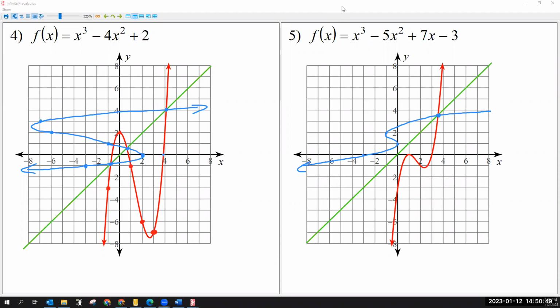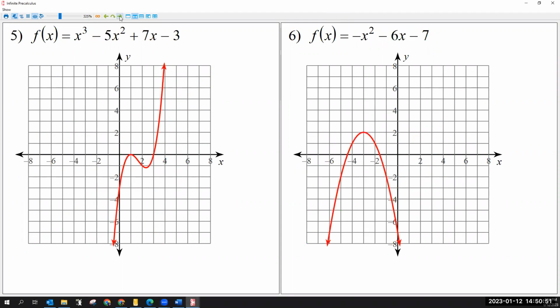All right, one last graph. It's a parabola, so it should be a little easier. We got this point up there at -3, 2, so -3, 2, 2, -3 right here.